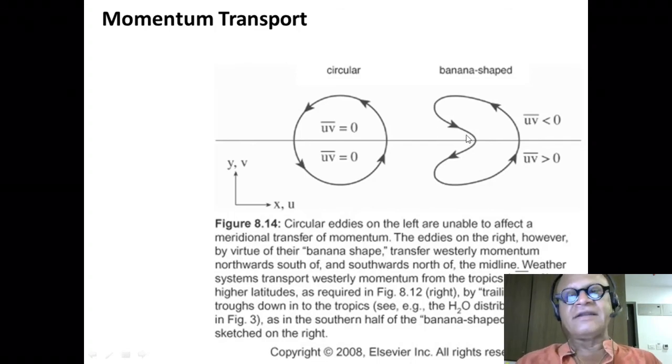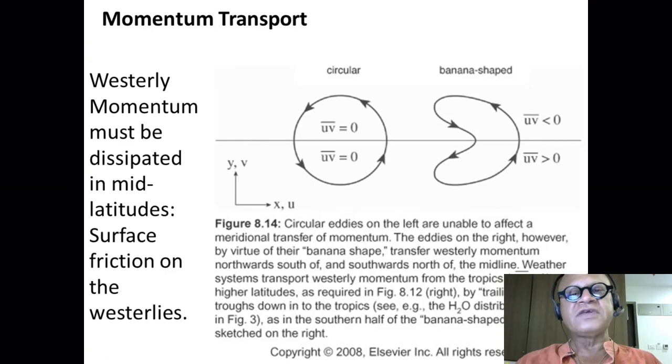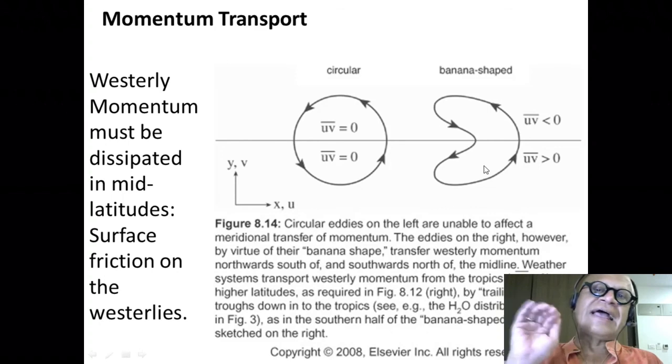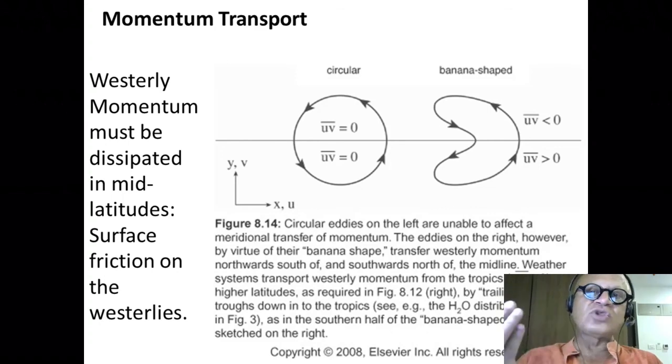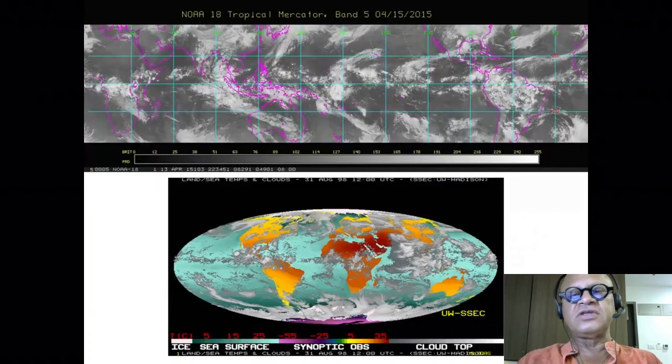Okay, and that shows up in most of the quantities we would look at from satellites, as we'll see in a minute. So westerly momentum must be dissipated in mid-latitudes, and surface friction acting on the westerlies is going to do that. So the upper atmosphere has more steady flow, as we already saw once, and we will see again, whereas the surface breaks into these eddies because of this interaction of the westerlies with the surface.